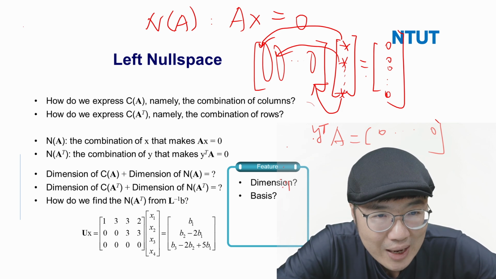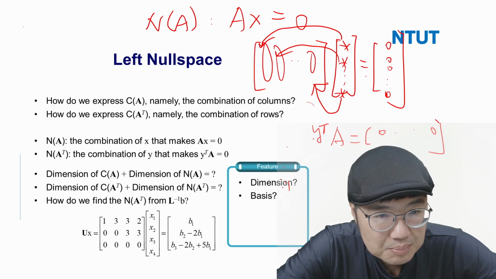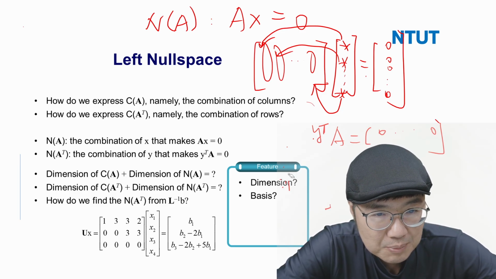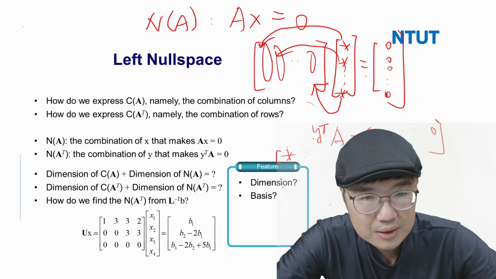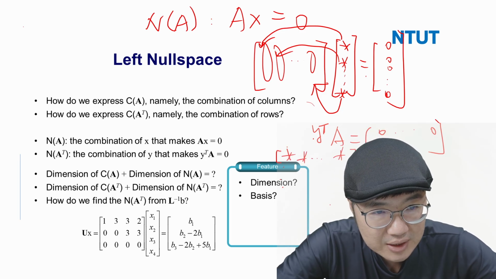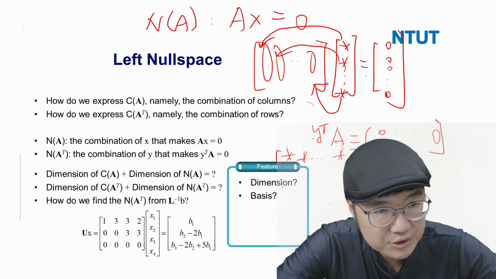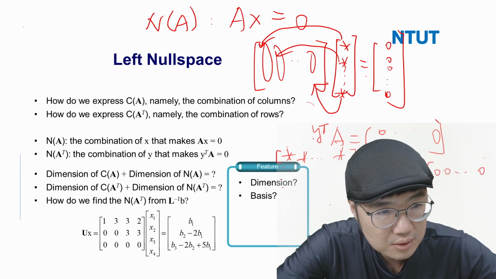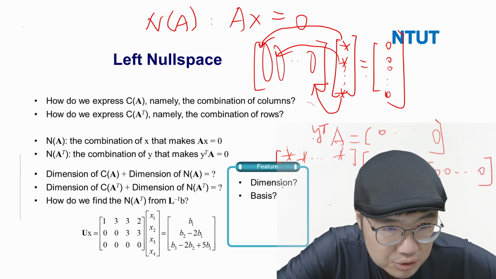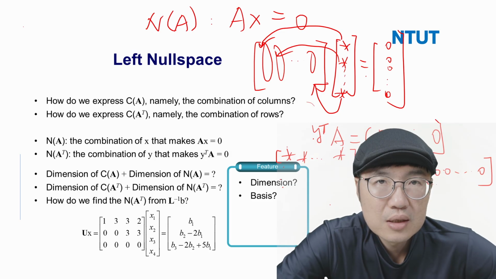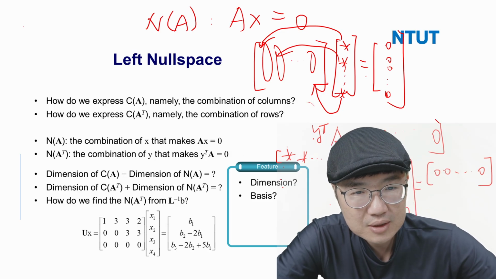So the y, let me put this clearly for a better comparison. The y that makes the linear combination of the rows be 0, as all the entries in this row, is called the left null space guy.